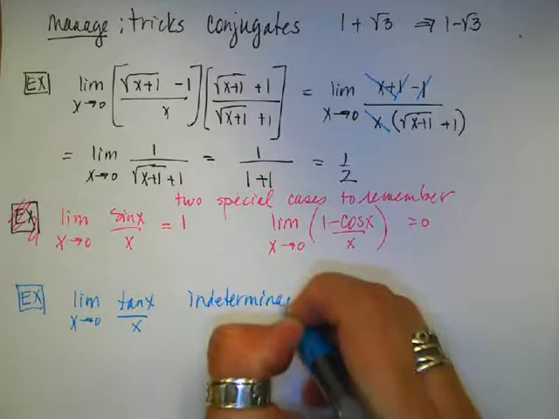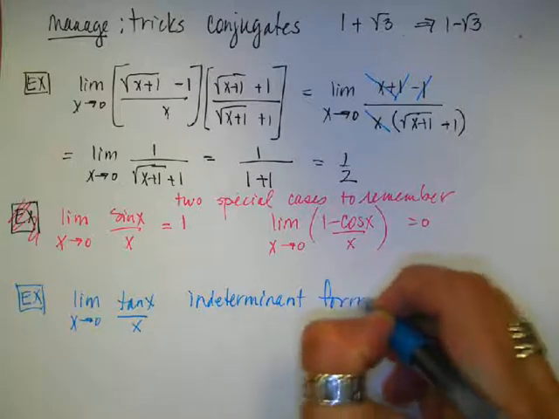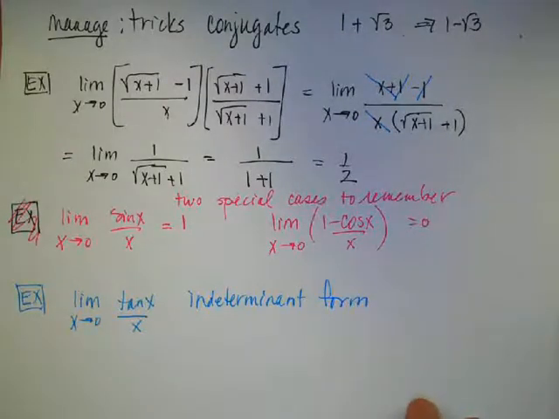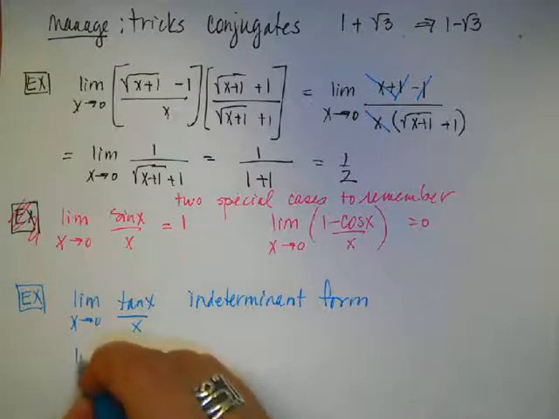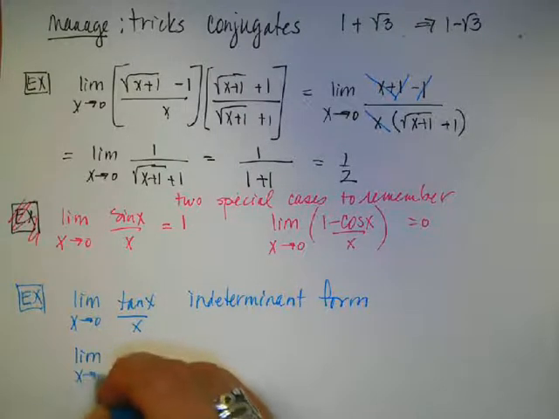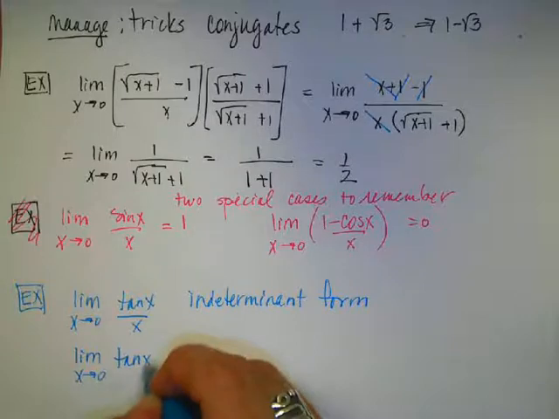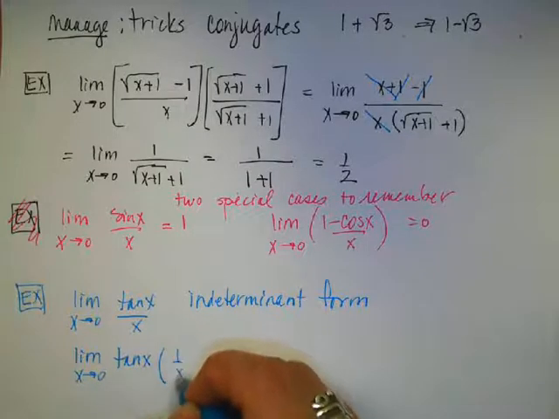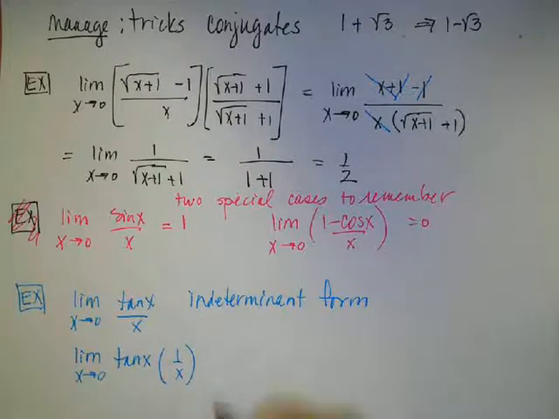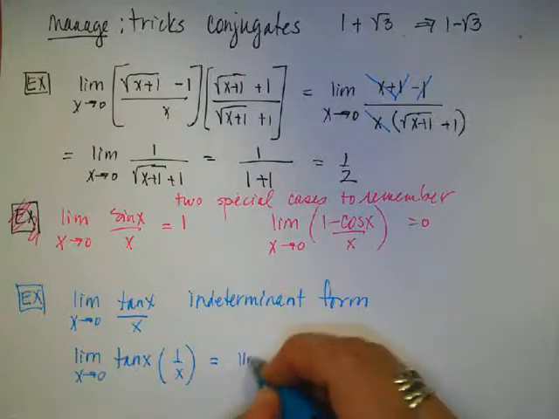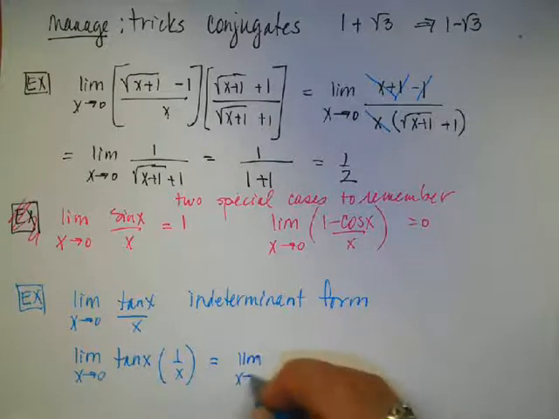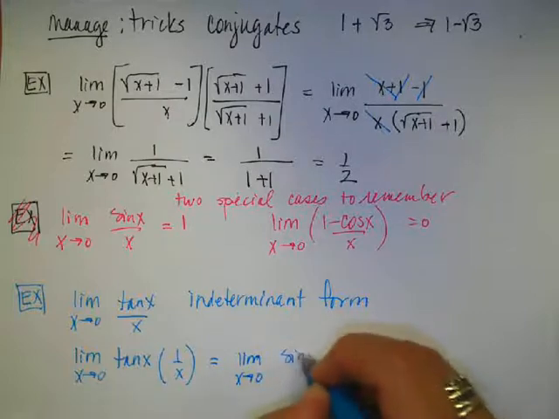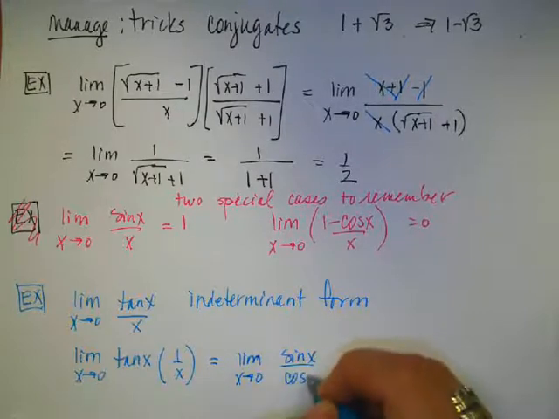So I'm going to do a little bit of math. First, I'm going to write this as tangent of x times 1 over x. Nothing illegal there. And then I'm going to rewrite tangent. So I'm going to write the limit as x approaches 0. Tangent is the sine of x over the cosine of x times 1 over x. Well, if I put these two little guys together, their limit is 1.